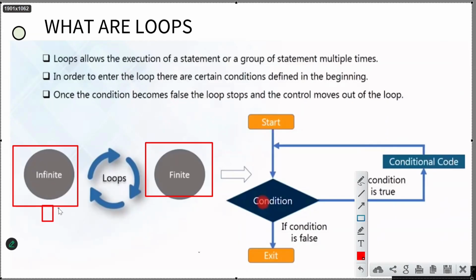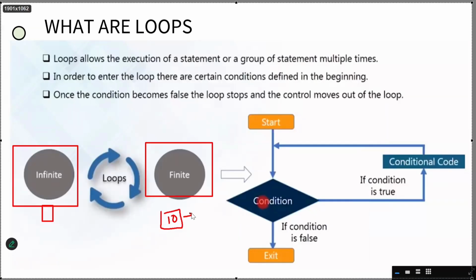It will always be changing. For a finite loop, for example, I want to calculate the payroll for 10 employees. I will use this loop iteration for 10 times and I will stop once every employee is done. So an infinite loop will never end. The loop will repeat, whereas a finite loop will stop at some point. Such types of loops are called finite loops.